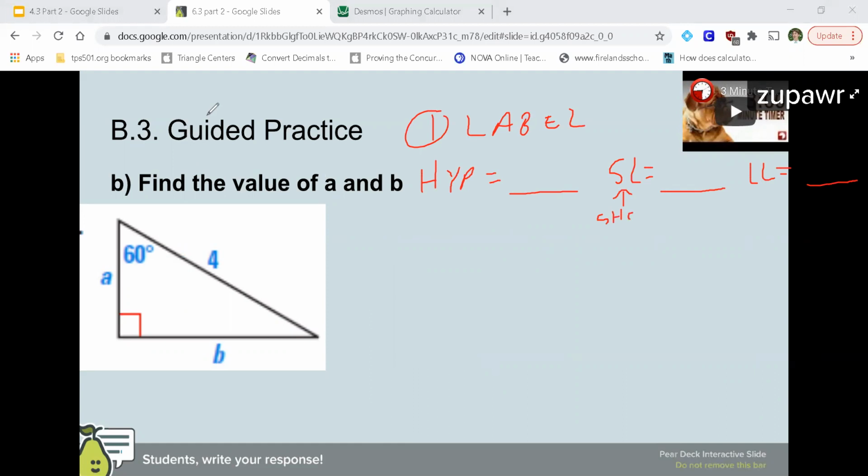And then second, use your formulas to find A and B. 3 minutes.